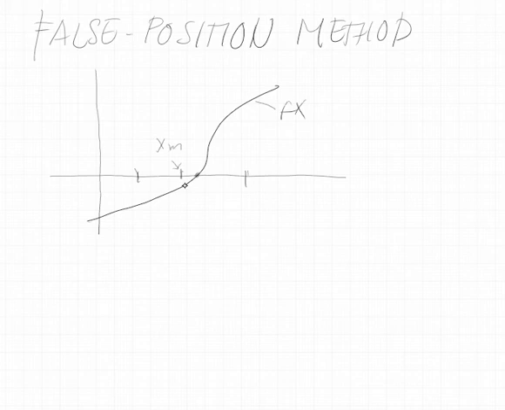Instead of taking the average, what we do is we take a triangle connecting the lower and the upper. So this is now not our average. Now we can just call it xr, not xm. So we connect this point here to our point here.